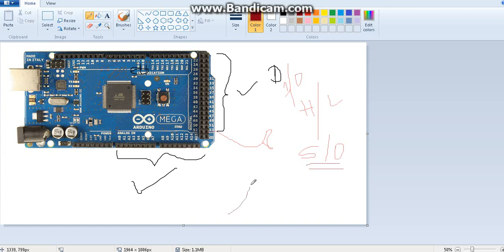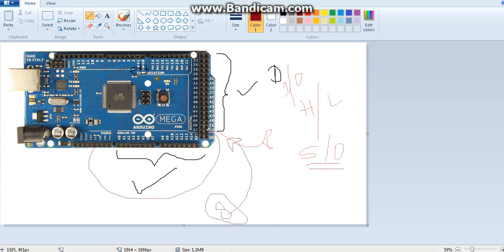Let's say you are giving 5 voltage to the particular pin, then the input of that pin will be the digital input. That means if you have a 5 voltage source, or you can take the 5 voltage from the Arduino itself with a wire, and connect the other side of the wire to pin number 53.